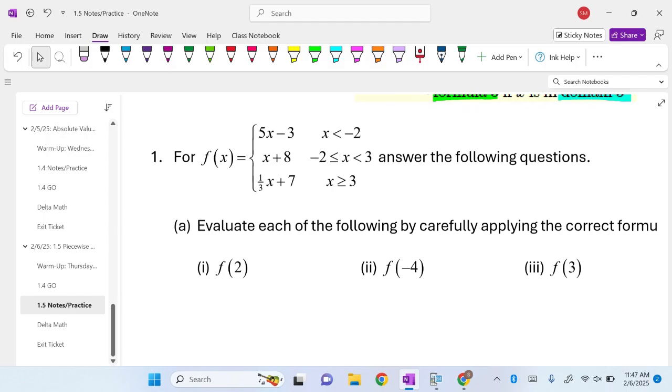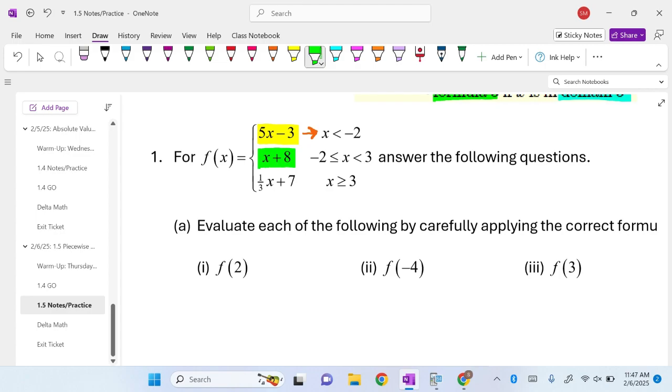This linear function is only in play, or only graphed, when the x values are less than -2. So we can only use this function if x is less than -2.